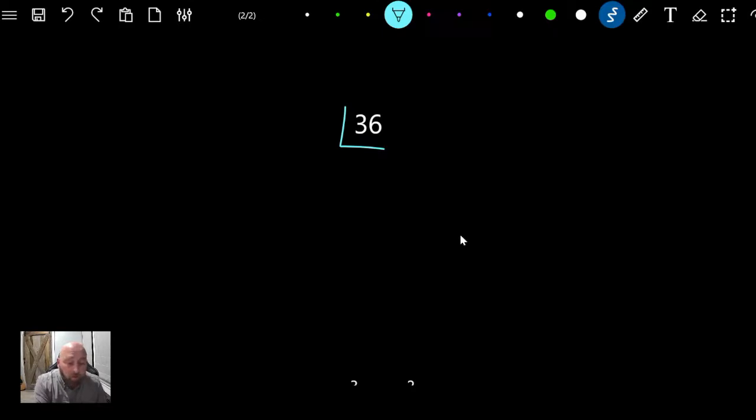So I always start with the number 2 because it's the first prime number, and I see, can 2 go into 36? And the answer is yes, 2 can go into 36, and it goes 18 times. Then 2 goes into 18 9 times. 2 does not go into 9, but 3 goes into 9 because 3 is another prime number. So it's the next one on the list.